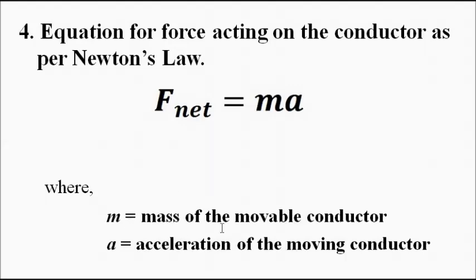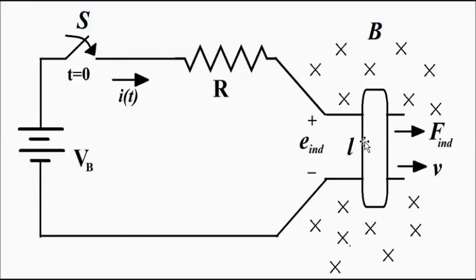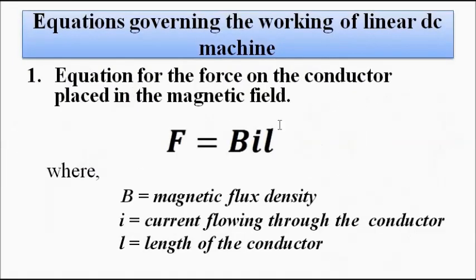So this is the mass of the movable conductor, small m, and A is the acceleration of the moving conductor. So these are the four equations that are involved with respect to the linear DC machine. First, the force acting on the conductor in the magnetic field.